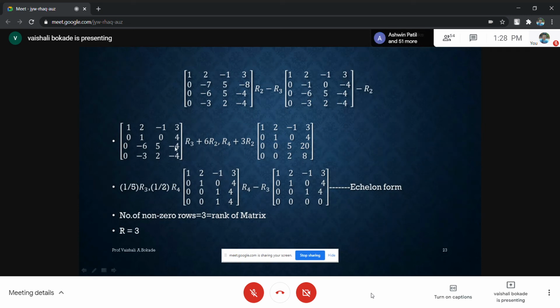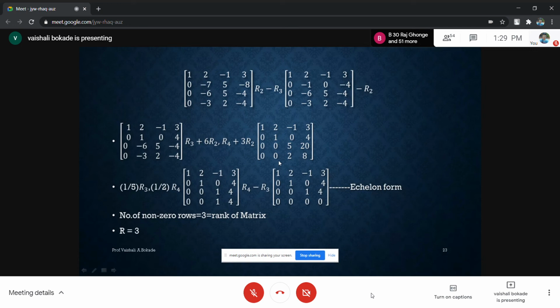So minus 4 plus 24, this entry is 20. Minus 4 plus 3 into 4, which is 12, so this entry is 8. Like that way, here I am getting the element at the 2 place as 1. Other elements in this column C2 are 0. My main purpose is over here.